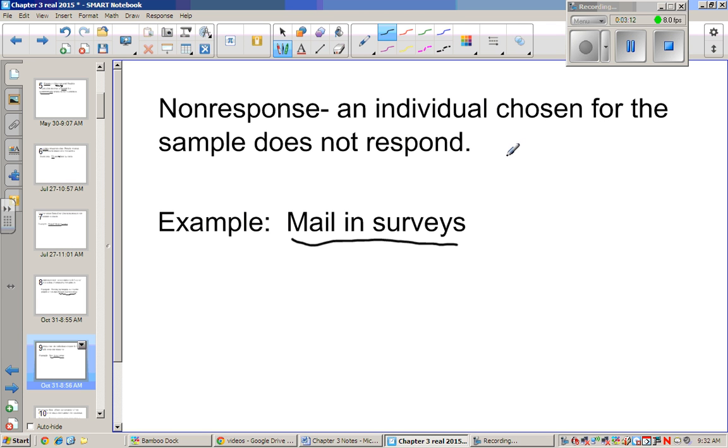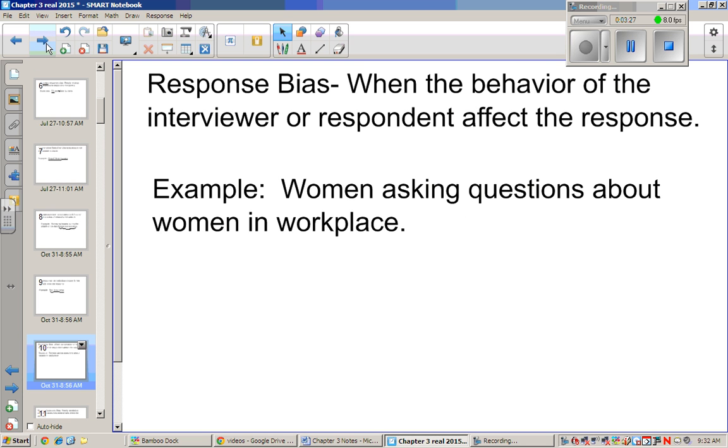If you send out 2,000 letters and get 7 of them, you don't know if it's just 7 of the most passionate people, 7 people who have connections at the hospital. It doesn't give you a good indication of what is happening.